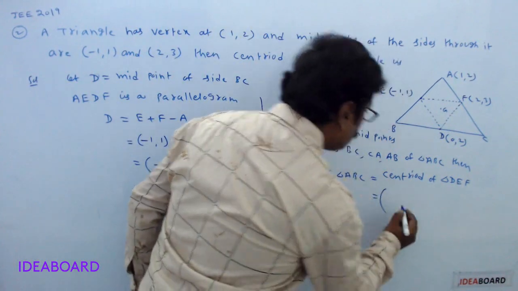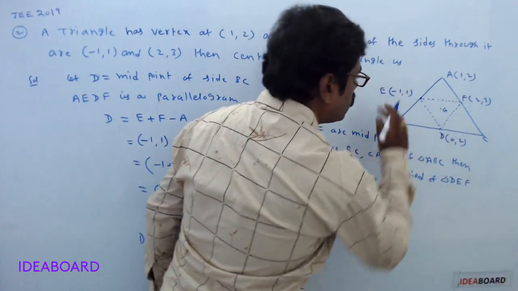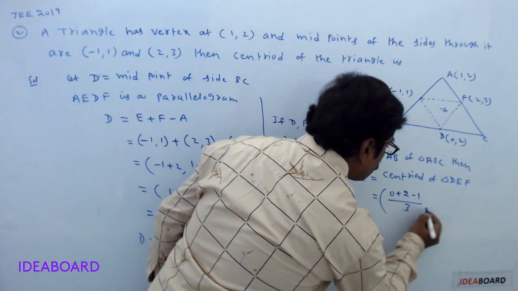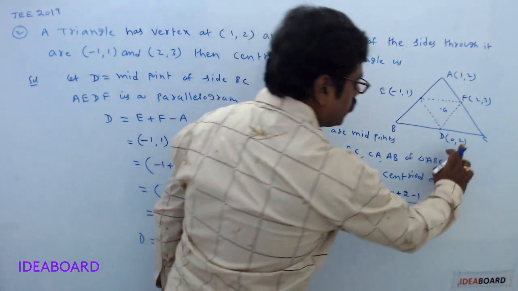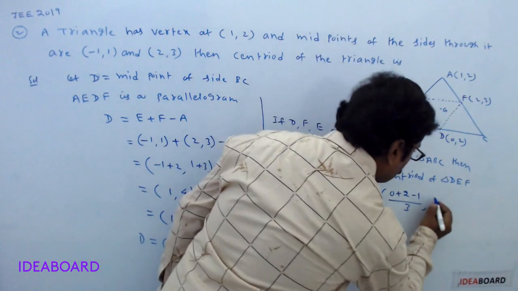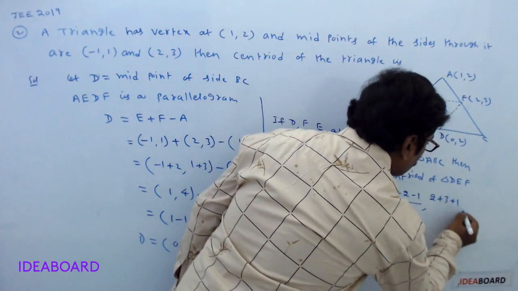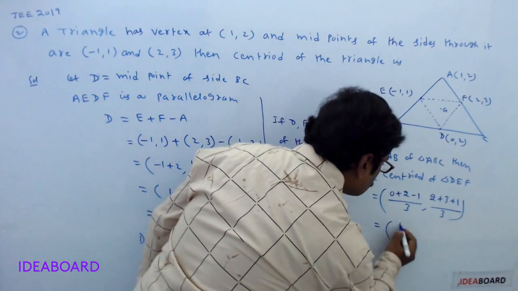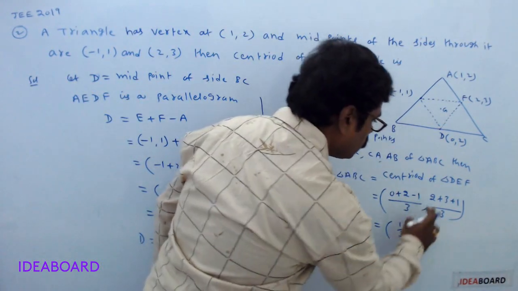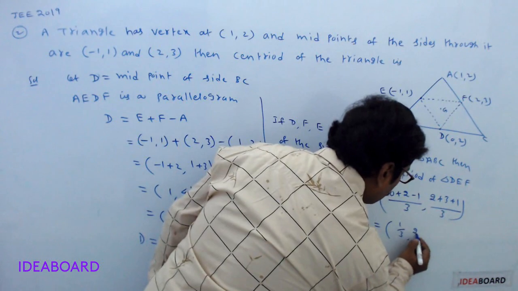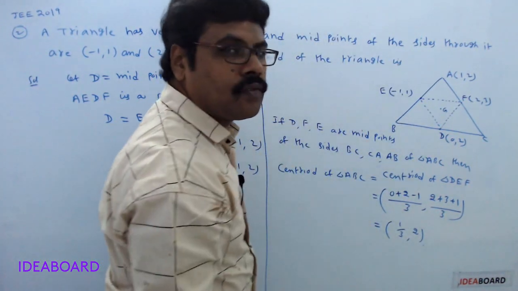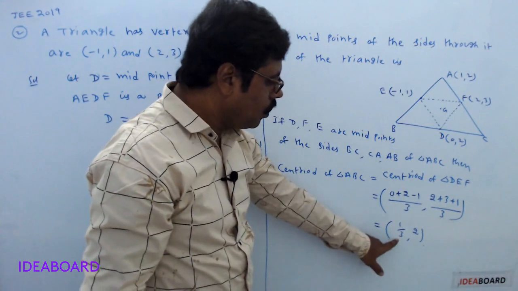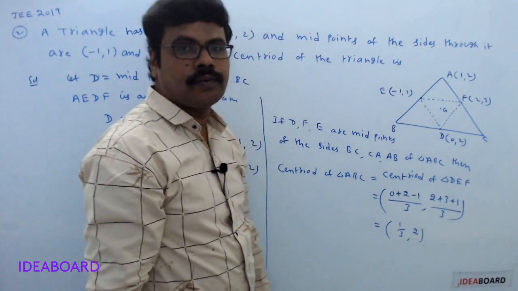Now this is equal to the sum of x coordinates, (0 + 2 - 1)/3, and the sum of y coordinates, (2 + 3 + 1)/3. Now this equals 1/3, and 6 divided by 3 is 2. So the centroid of the triangle ABC is (1/3, 2).